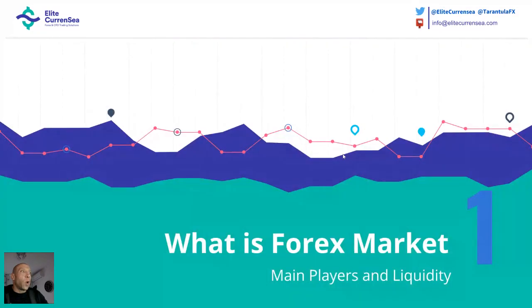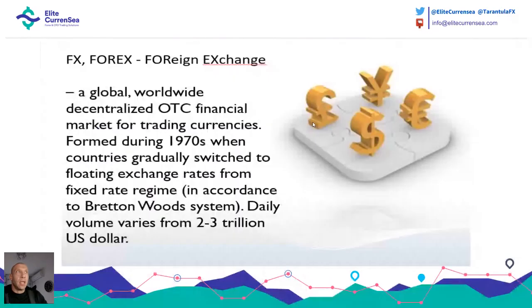Now let's talk about what the forex market is, the main players and liquidity. For all of you who don't know, forex is an abbreviation of foreign exchange. It's a global, worldwide centralized market where currencies are traded.